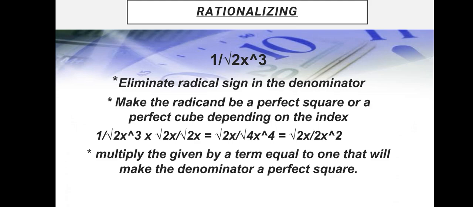Make the radicand a perfect square or perfect cube depending on the index. 1 over square root of 2x times square root of 2x over square root of 2x equals square root of 2x over square root of 4x squared, and 2x times 2x is equal to 2x raised to 2. Multiply the given by a term that will make the denominator a perfect square.